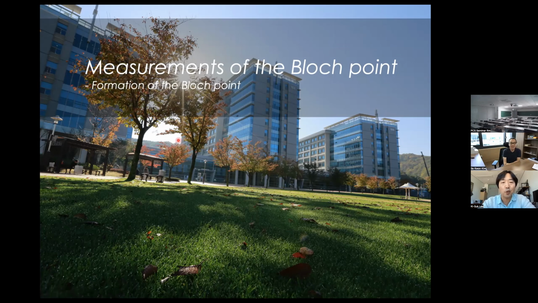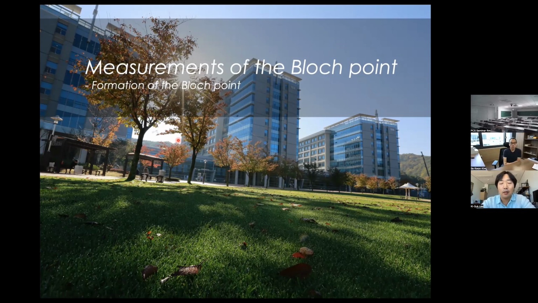So first, to measure the Bloch point, we have to find a stable formation of the Bloch point inside the magnetic medium. Previously, the Bloch point played a crucial role in the switching dynamics.